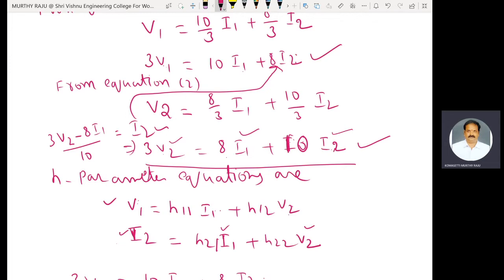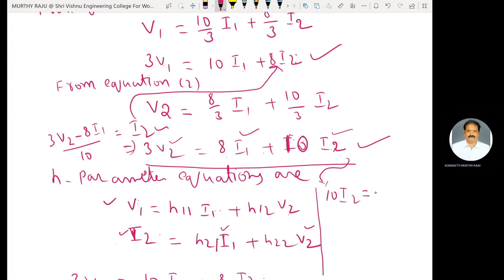Just manipulate this one and convert it into this form. 10 I2 is equal to minus 8 I1 plus 3V2.